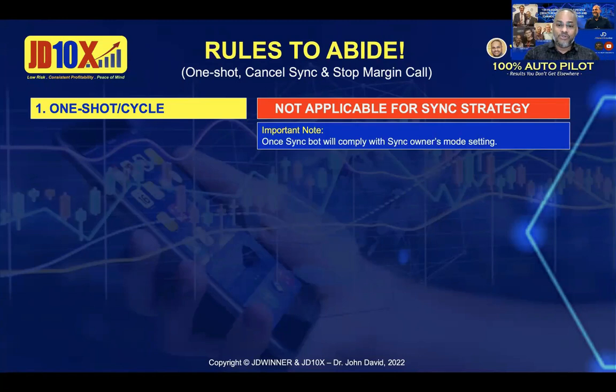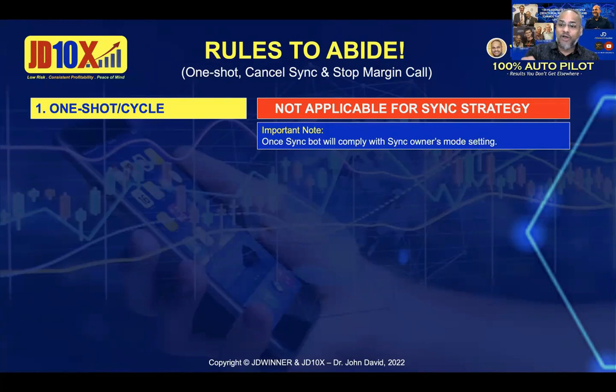No matter what you do, it is not applicable for the sync strategy user. Why? Because even if you change from cycle to one shot, the bot will still follow the sync owner's setting. If the sync owner's setting is cycle, you will follow cycle.